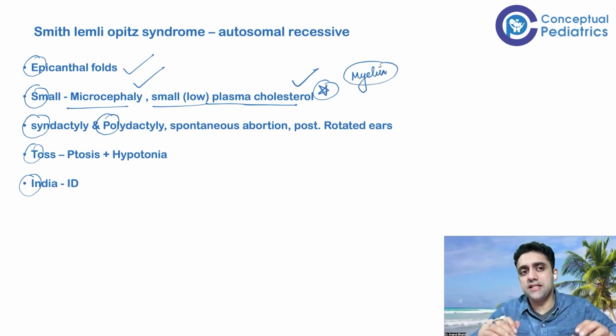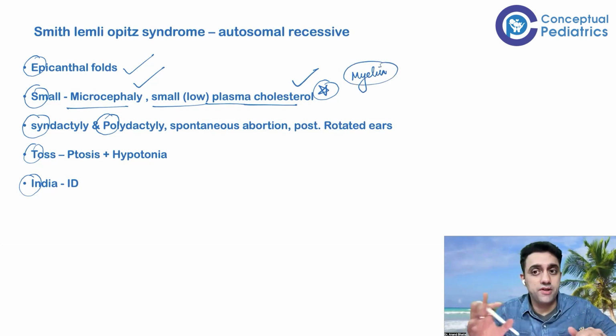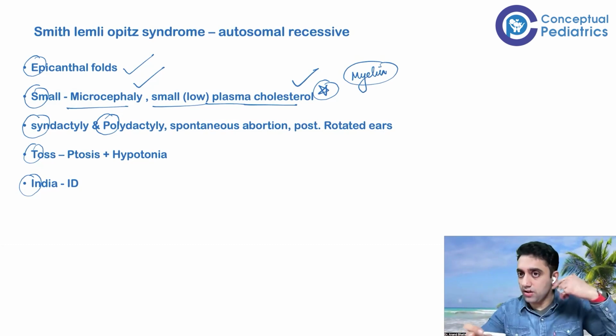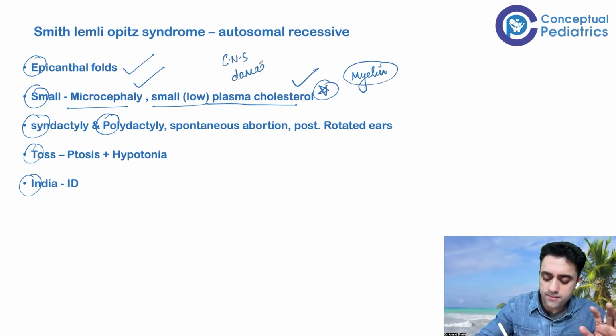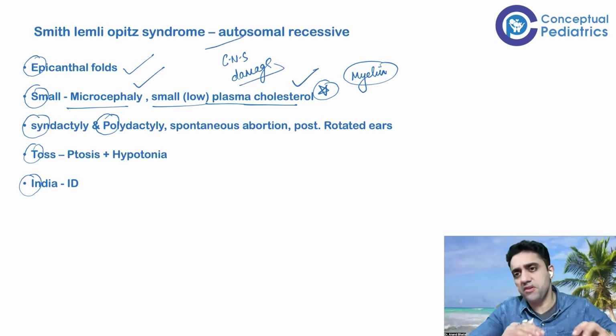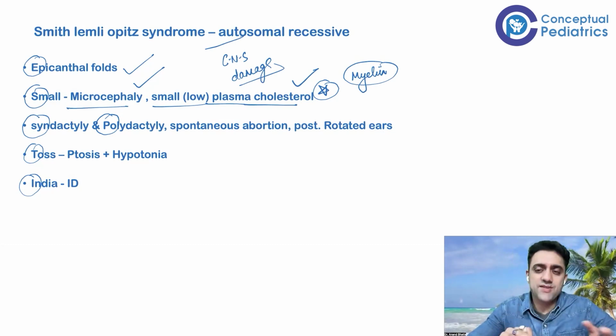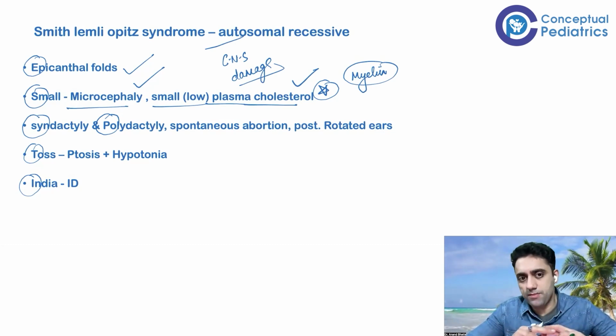It is connected to the myelin production, all the CNS myelin and axons like that. That is why the patient will have severe CNS damage, as in full neurological impairment, and intellectual disability will be very severe. So that's what happens in case of Smith-Lemli Opitz syndrome.